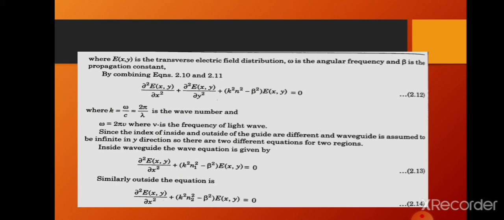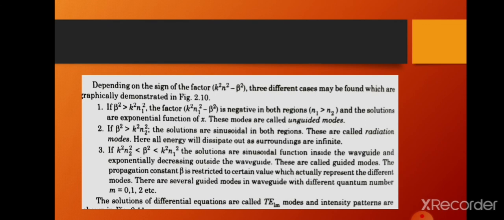Next we will make a conclusion that we have a quantity k²n² − β² in these three equations. Depending on the sign of the factor k²n² − β², three different cases may be found in the case of an optical fiber. The first condition is that β² is greater than k²n1². Then the quantity k²n1² − β² will be negative, in both regions.